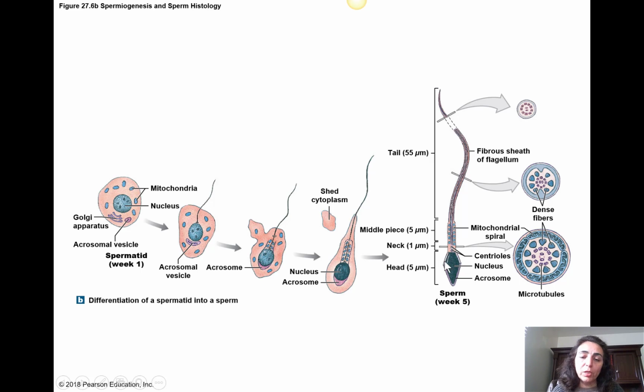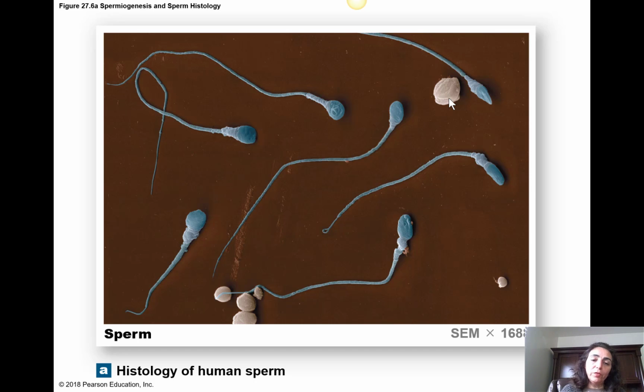You have a nucleus that contains the 23 chromosomes, you have this acrosome as a cap on the top that includes the enzyme hyaluronidase, and then you have the centrioles and mitochondria in this part that make the middle piece, and finally the flagellum, which has been cut here because compared to the size of this part, the flagellum is very long. So that was the structure of the sperm, and here you see real sperm under the electron microscope.